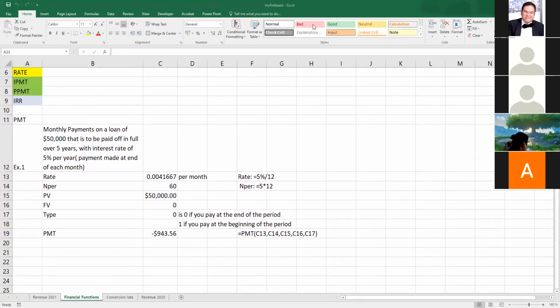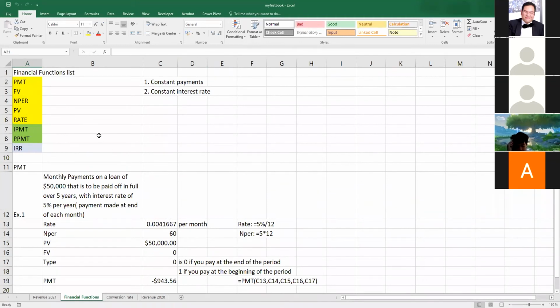When we talk about the financial functions, in the first series here there are altogether 5 related functions or values: PMT or the payment, FV or future value, NPER or number of periods, PV or present value, and rate, that is the interest rate.